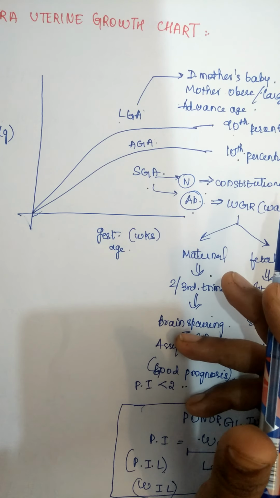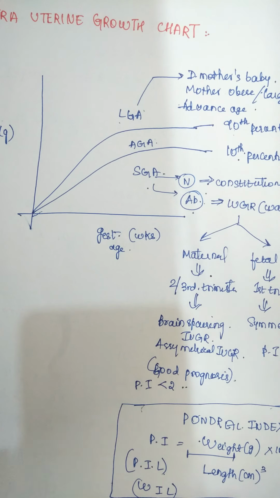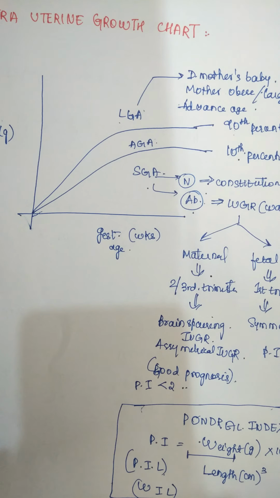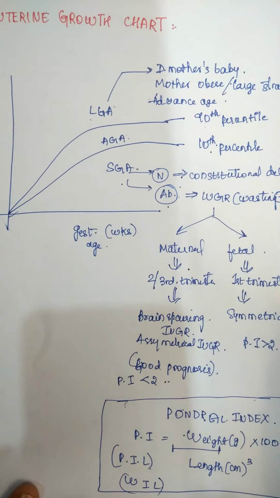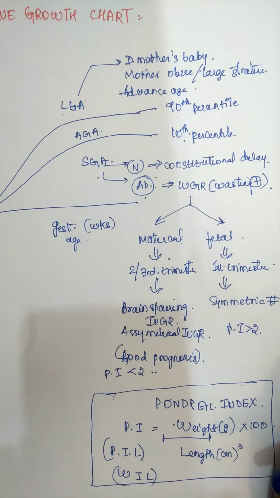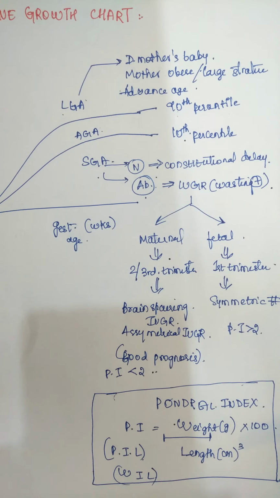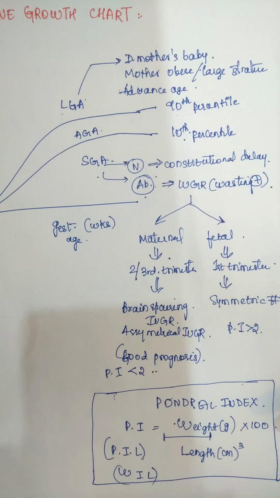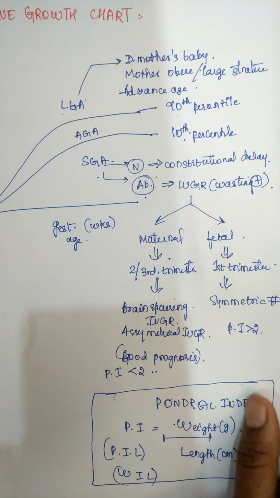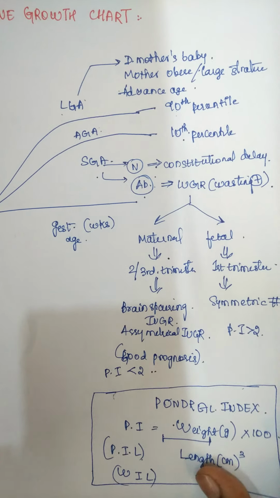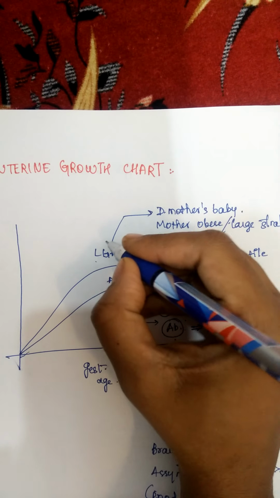So weight divided by length raised to the power of 3, the denominator only, into 100. If the Ponderal index is less than 2, it is the brain sparing IUGR. If it is more than 2, it is the symmetrical IUGR.